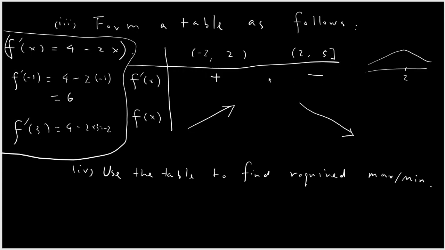Again, I'm going to show you how to answer the question, okay? In this question, we have seen 2 as the location of the absolute maximum, right? To answer the question properly, I'm looking for the location. I'm looking for the 2, okay? I'm looking for the value of the maximum. I will try to tell you how to answer the question, okay?